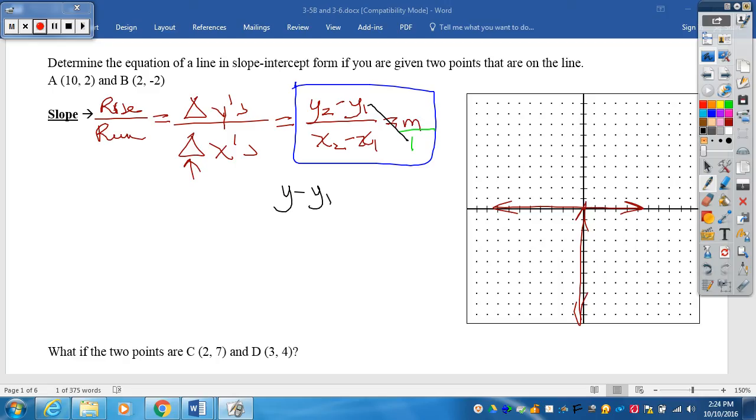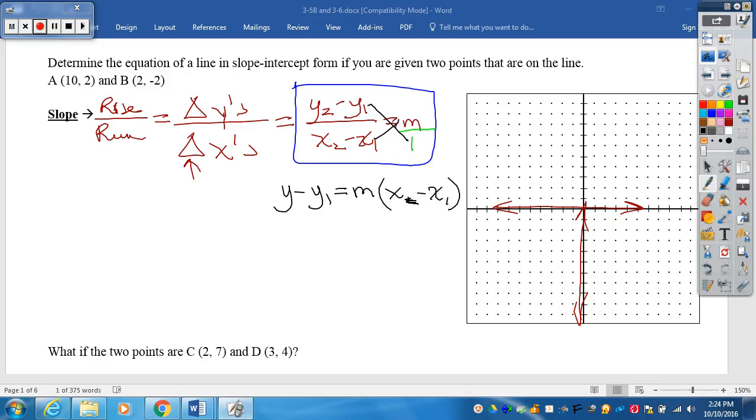You notice I got rid of the sub 2 part, because if you were to look up this equation online, they don't have the sub 2 part, and it doesn't really matter with this problem, okay? I'm just getting rid of one of the subscripts. If I cross multiply this way, I'm going to get m parentheses x sub 2 minus x sub 1.